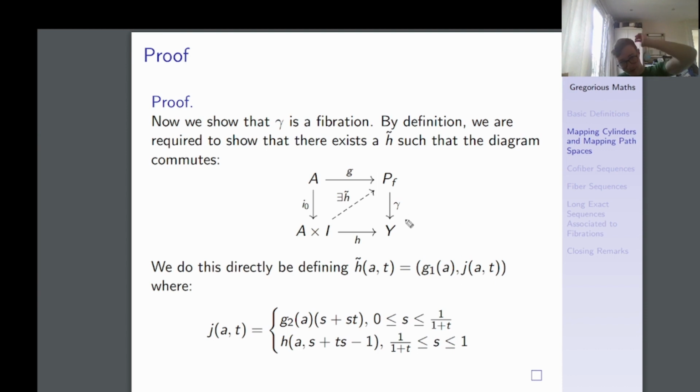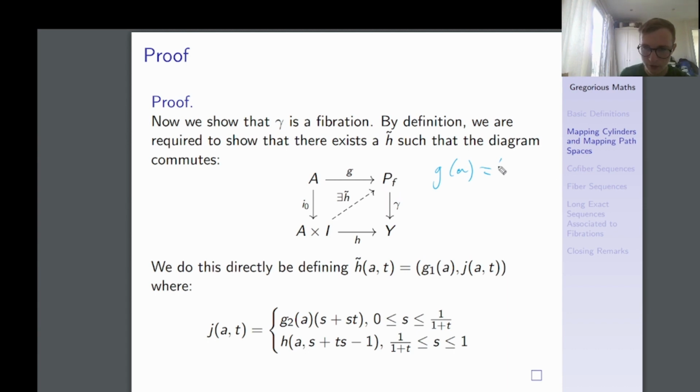And again, we'll do this explicitly. We won't do this theoretically, we'll do it completely explicitly. We'll define h tilde of (a, t), because remember it takes in two inputs, to be, okay, now, what does g_1 mean? Firstly, g is a map that sends A to, remember, this mapping path space, which is comprised of two coordinates.